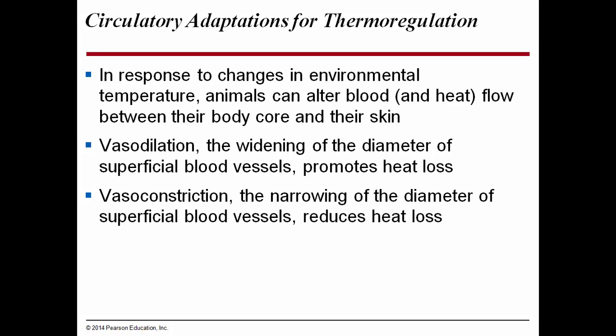In vasoconstriction, your capillaries and smaller blood vessels narrow down, and that makes blood flow go to your internal organs. Vasodilation is the opposite, so under cold conditions you have vasoconstriction, and under warm conditions you have vasodilation.